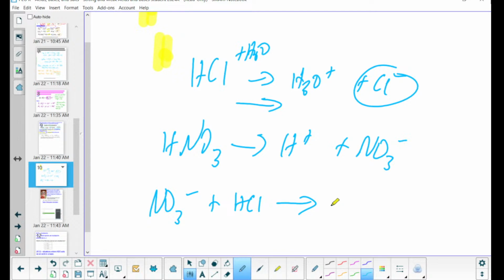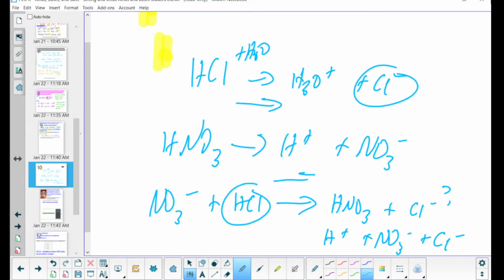Do you get HNO3 plus Cl minus? No. You get H plus, NO3 minus, plus Cl minus. It is 100% soluble. It does not come together. All that happens is this does its own thing and this is ignored.